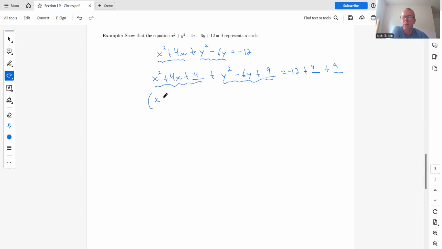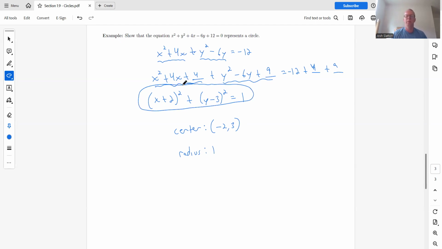This one factors to (x + 2) squared, and this one factors to (y - 3) squared. And then -12 plus 4 plus 9 would give us 1. It doesn't ask for it, but if we want, the center, of course, is (-2, 3), and then the radius is 1. But that's the part that we're looking for there.